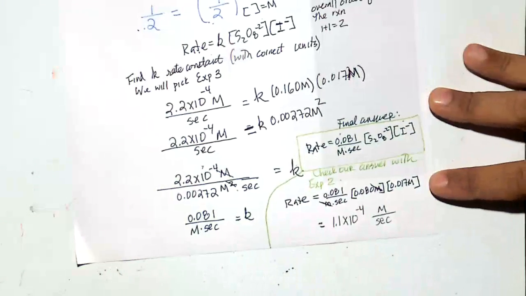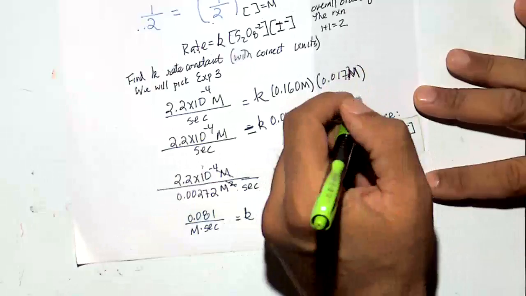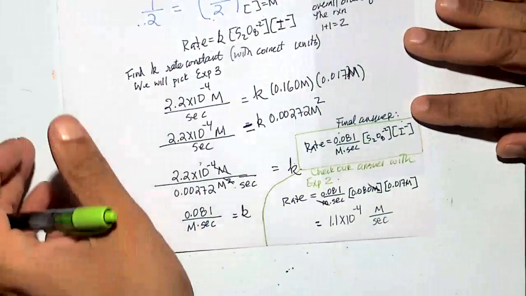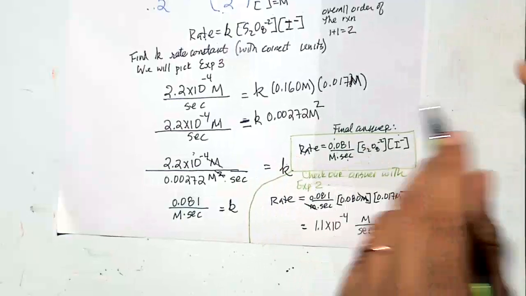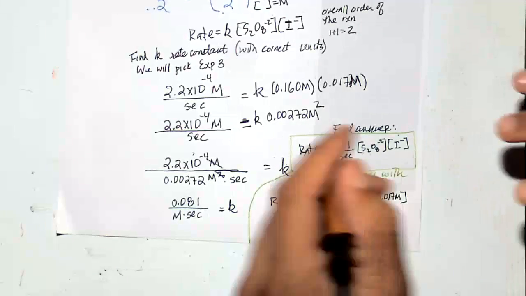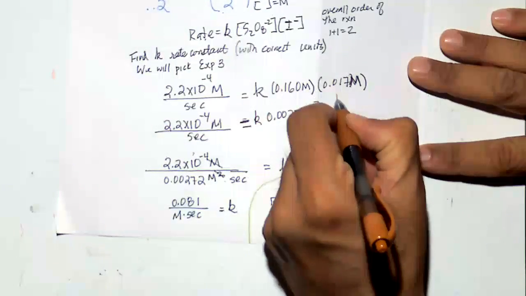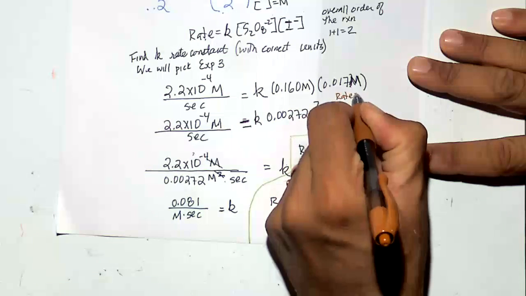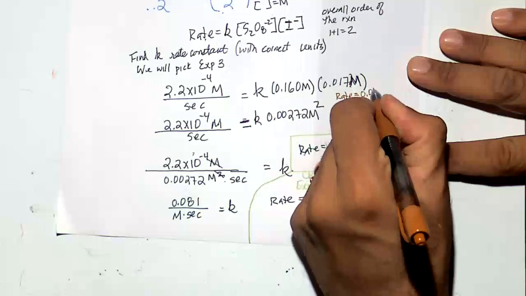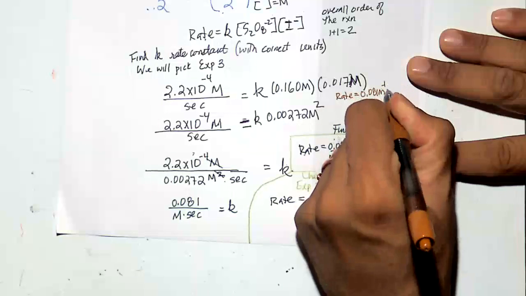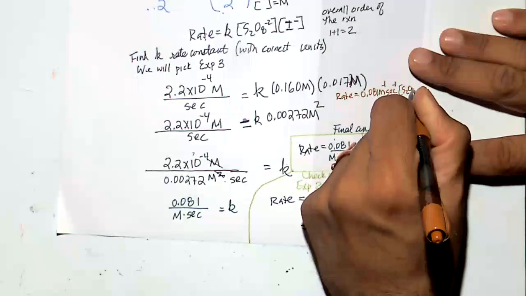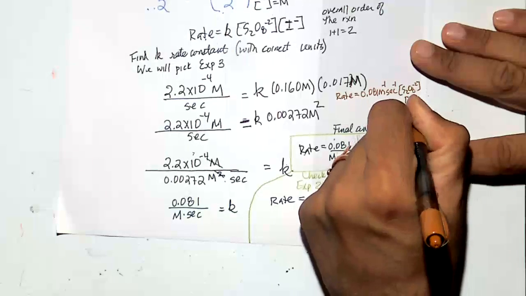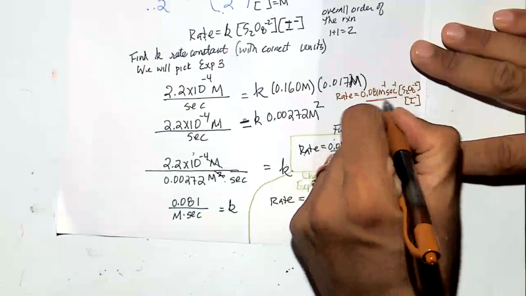Oh, one more thing I want to tell you guys. We can also write this in another way: rate equals 0.081 M to the minus 1 seconds to the minus 1 times S2O8 2 minus times I minus.